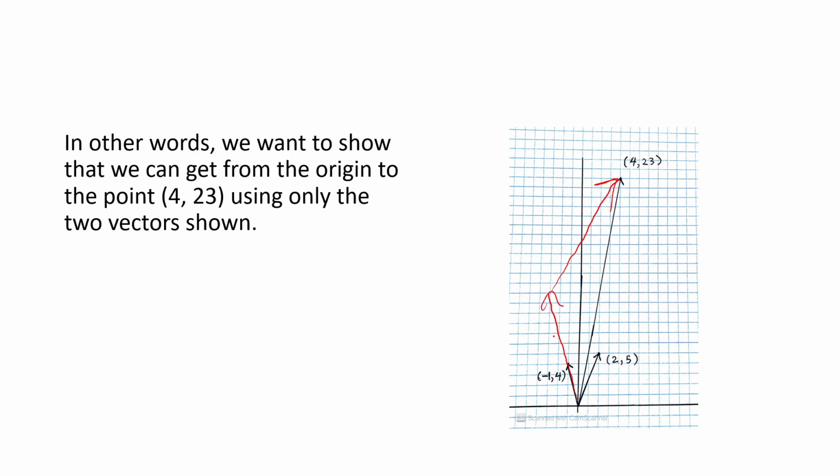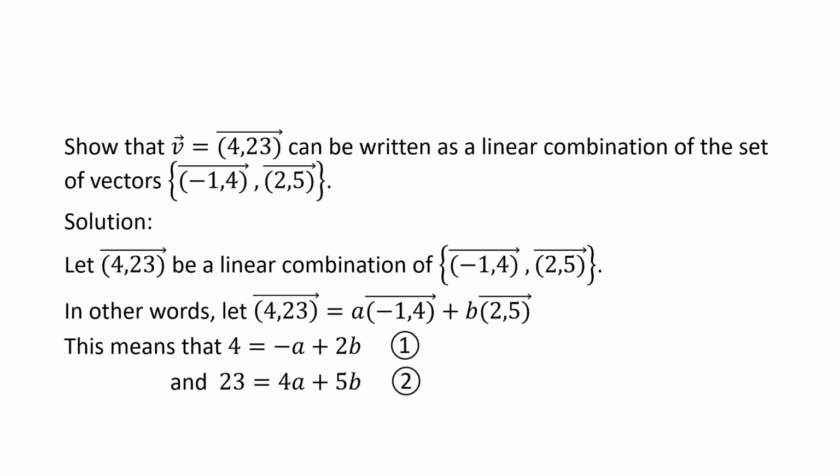Notice how this is just a multiple of (-1, 4), and how this right here is parallel to (2, 5). So we can see intuitively, yes, this is possible, but let's see if we can figure out what those scalars would be. So we let (4, 23) be a linear combination of those two vectors.